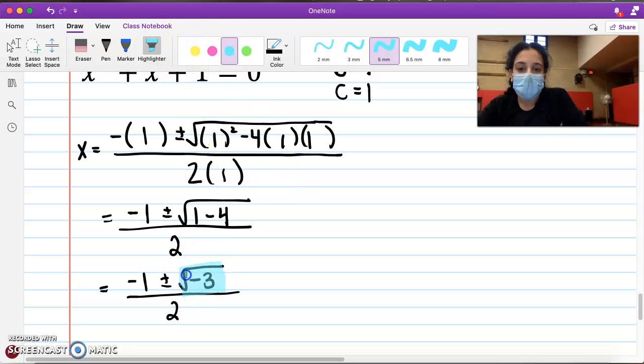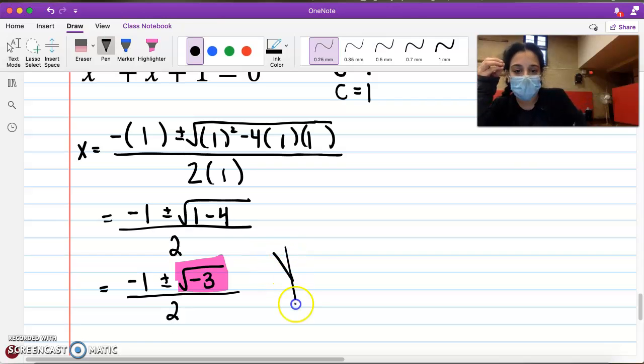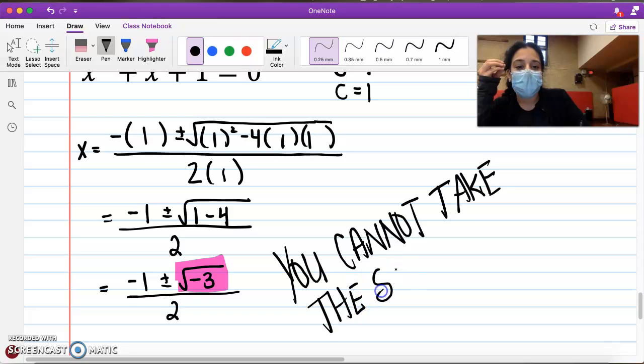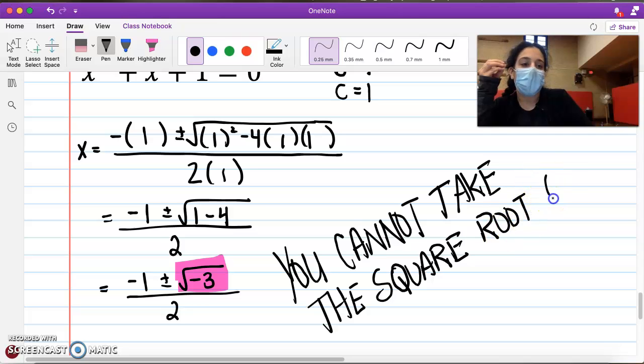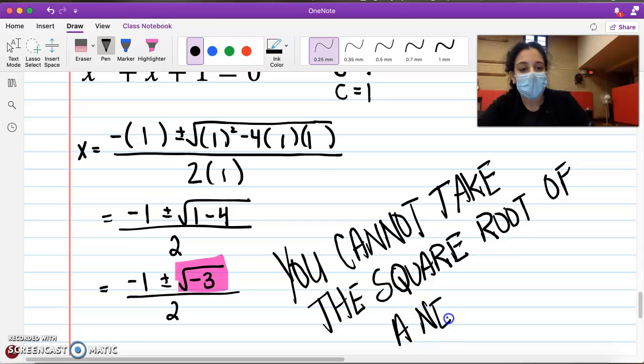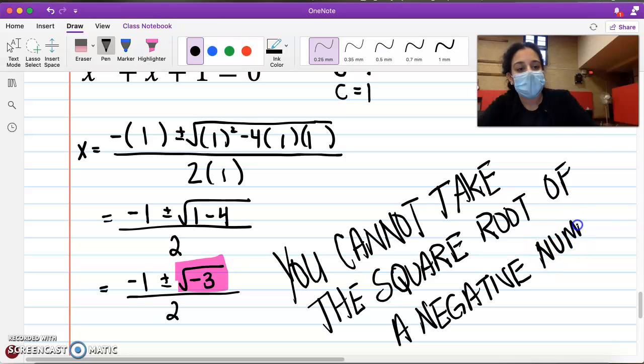Here we have a big red flag. I'm going to put it in pink. Big red flag. You cannot take the square root of a negative number.